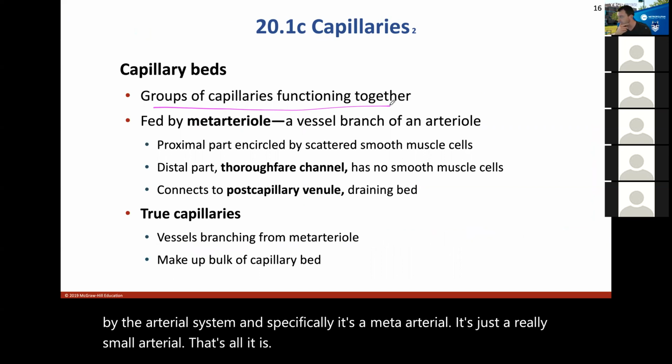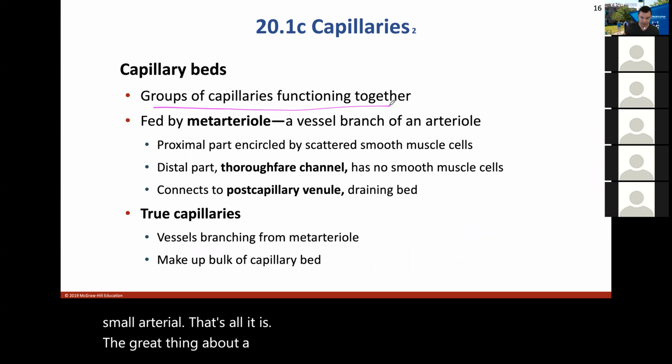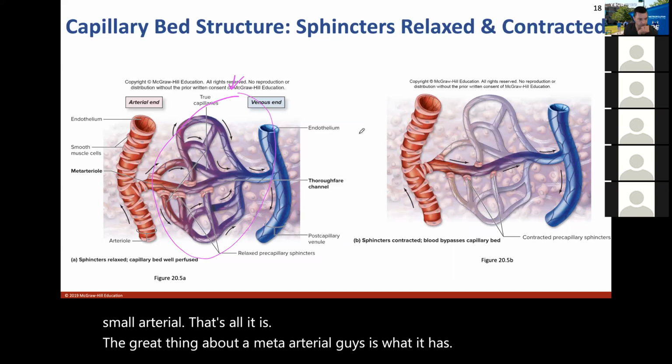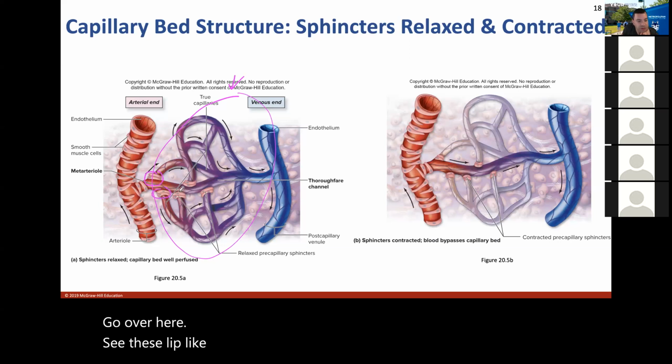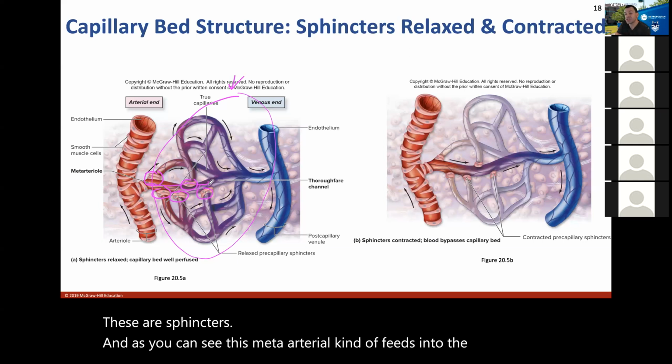The great thing about a meta-arteriole, guys, is what it has. You see these lip-like looking things here? These are sphincters. And as you can see, this meta-arteriole feeds into the capillary bed and forms this channel.